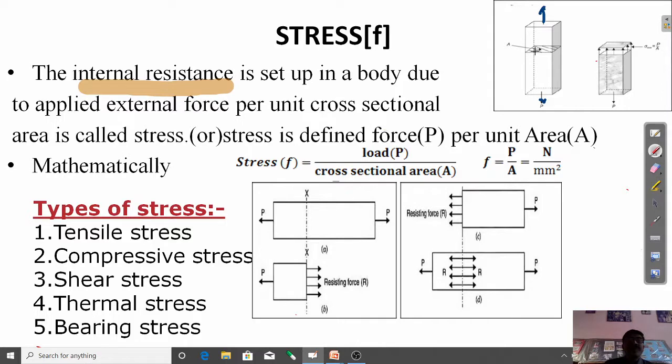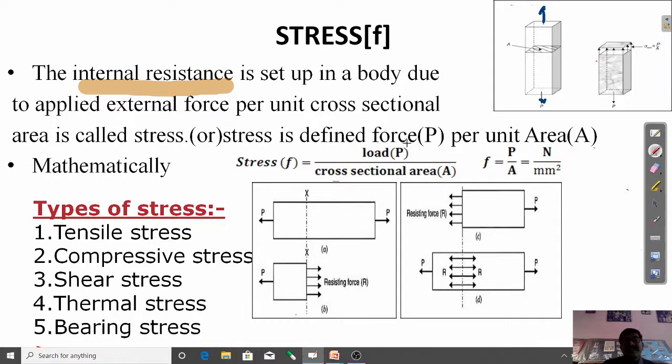Because the body sets up a resisting force equal to applied load P. That is called internal resistance. This internal resistance is set up due to intermolecular attraction between the material.